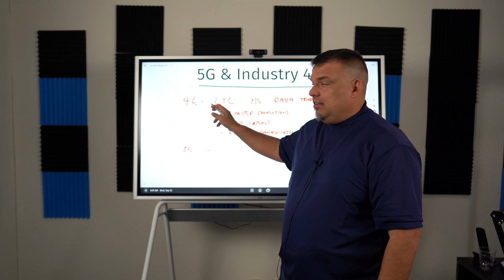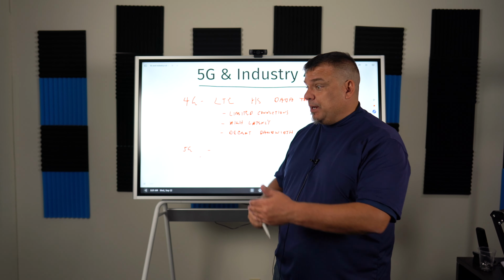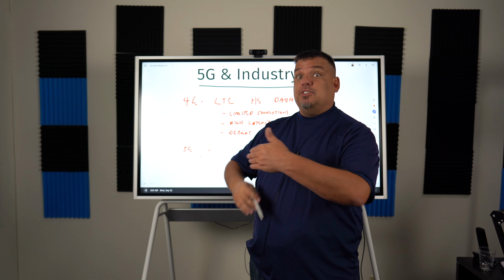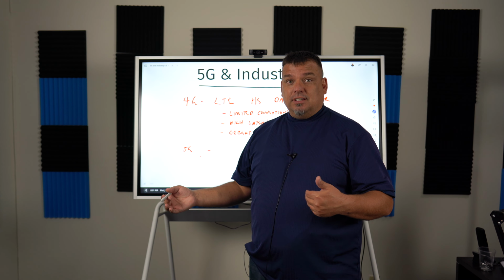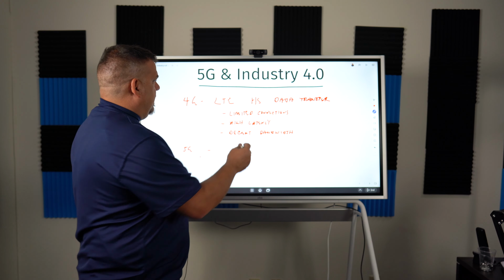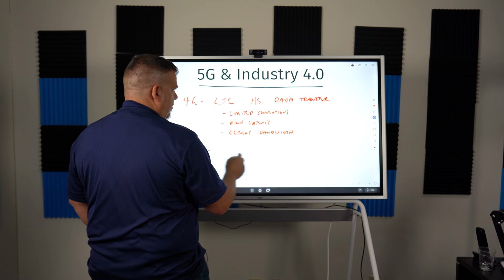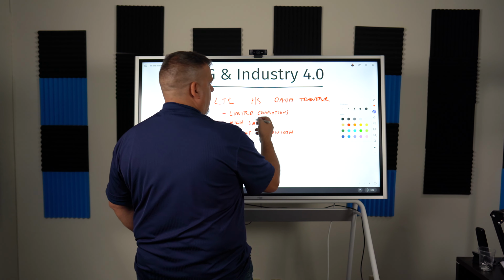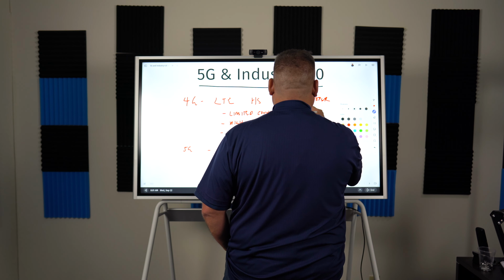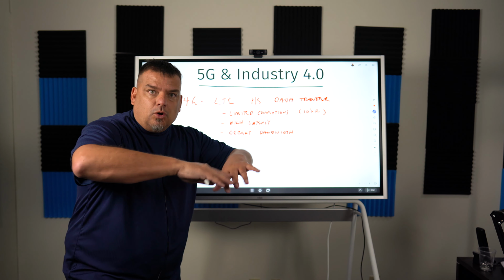4G is DSL, 5G is fiber for mobile networks, skipping right over the cable speeds, skipping right over the cable latencies, okay? So in terms of limited connections, to put it in perspective, with 4G you can get tens of thousands of connections in one local network.